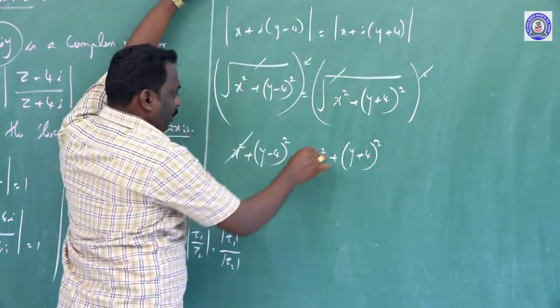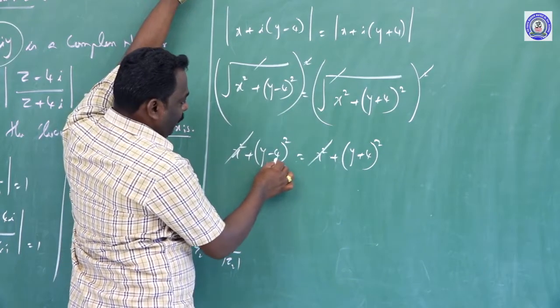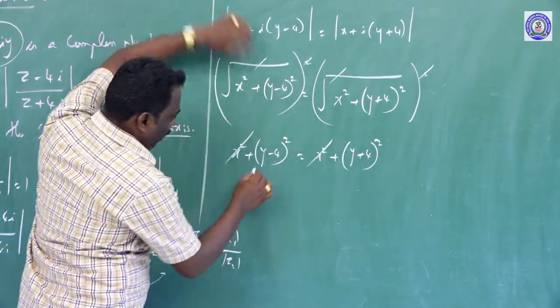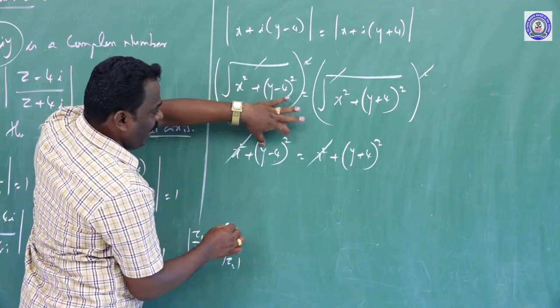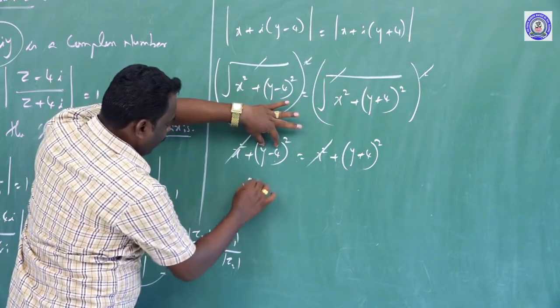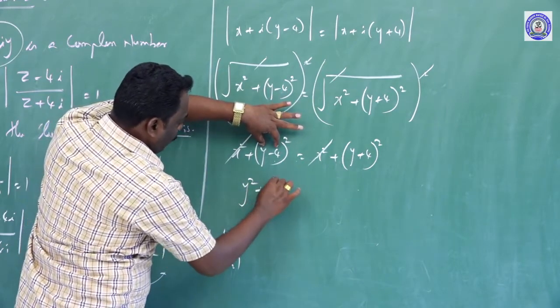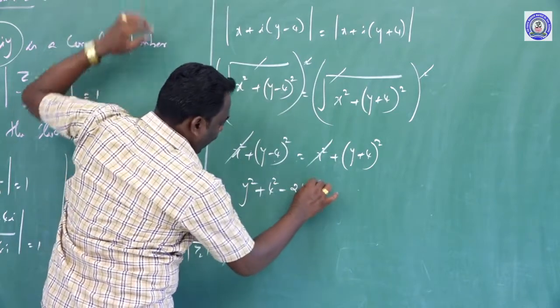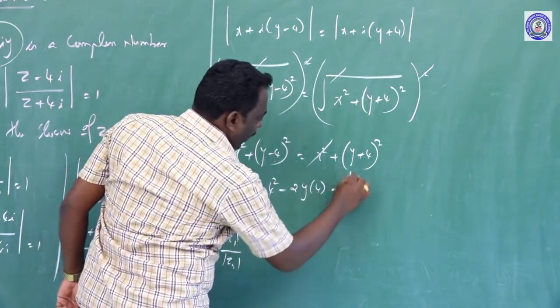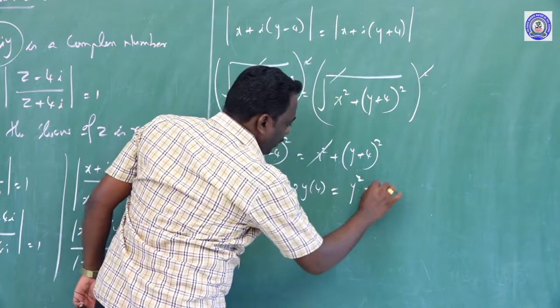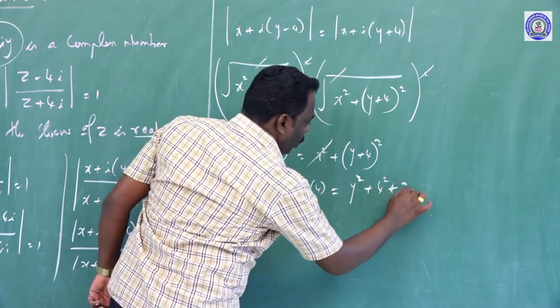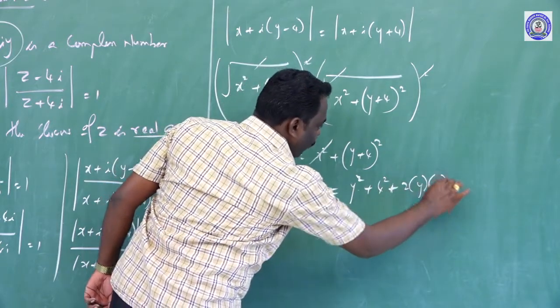Again the x square terms cancel. Applying the (a minus b) whole square formula and the (a plus b) whole square formula, here a equal to y, b equal to 4. Therefore, y square plus 4 square minus 2 into y into 4 is equal to y square plus 4 square plus 2 into y into 4.